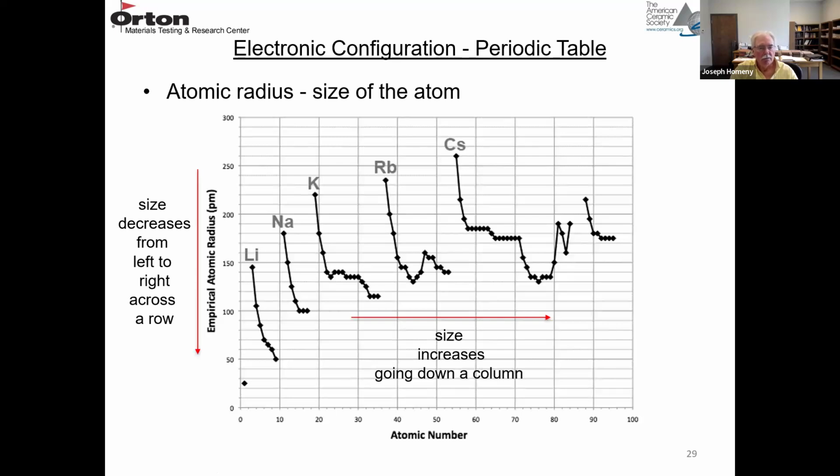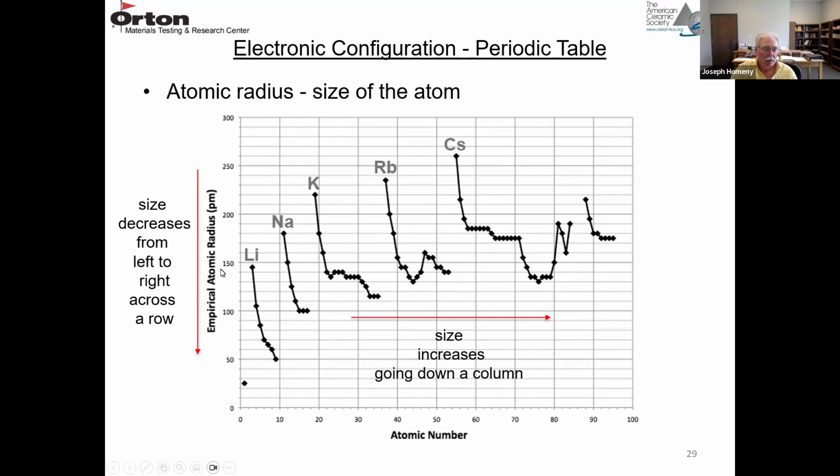So I put down a few more charts here that show some of the trends in the periodic table. And the first one here is for atomic radius, the size of the atom. And the size of the atom is going to vary depending on the charge.